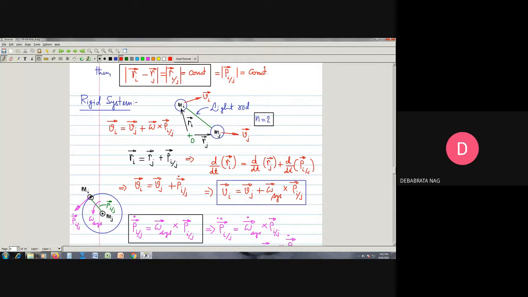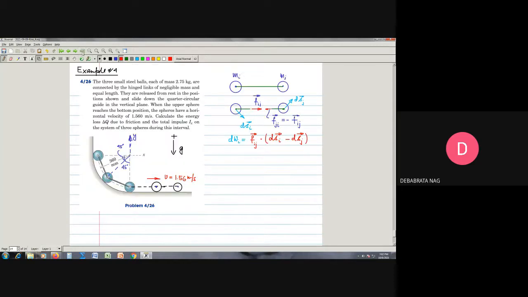Then ds bar i is equal to ds bar j plus d theta bar cross rho bar i relative to j, mirroring our equation of the velocity.